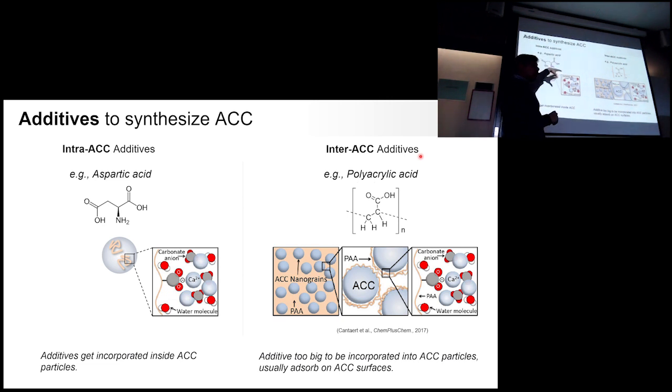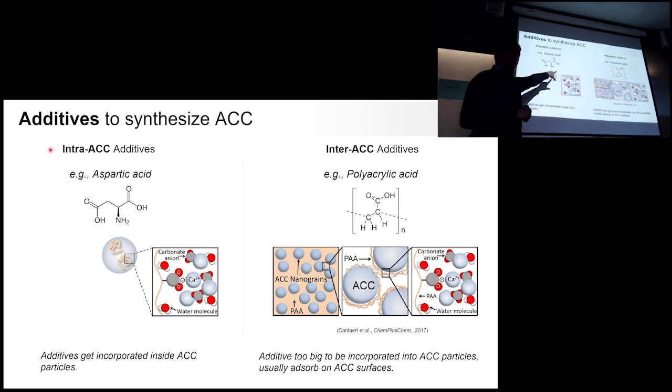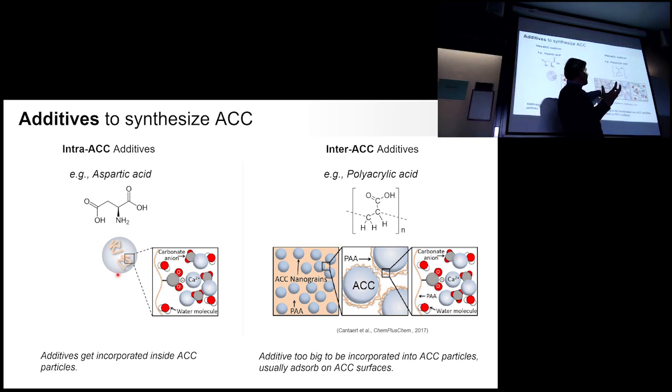But basically, what they all have are amine groups or COOH groups, and these groups like calcium ions, okay, and they attract the calcium ions and can bind onto them. The only difference between the two is that the intra-ACC additives remain inside the ACC particles that you saw before. On the other hand, the inter-ACC additives are large molecules.